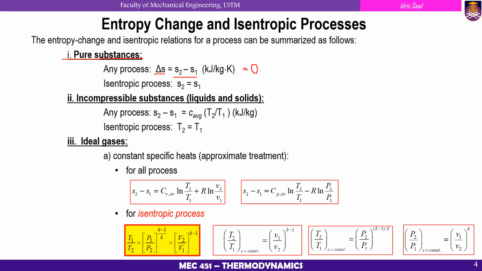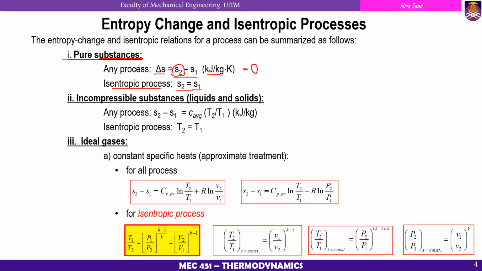So therefore, we can write the isentropic process as final entropy equal to initial entropy. Please bear in mind that the unit for the entropy written in a small letter, or the specific entropy, is kilojoule per kilogram Kelvin.